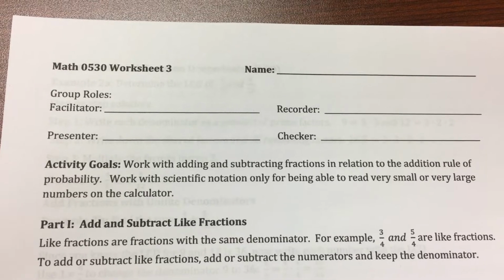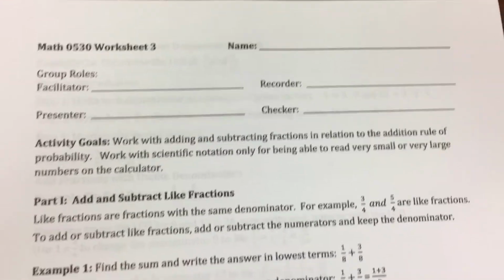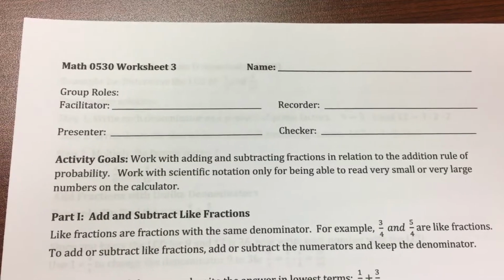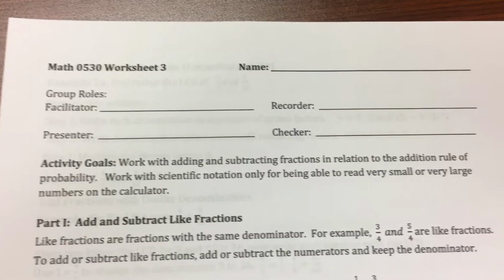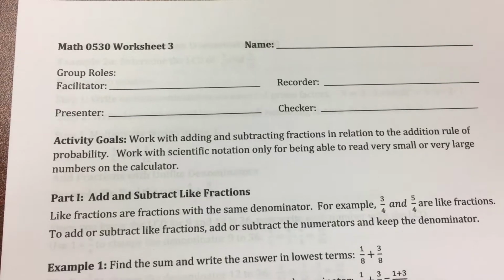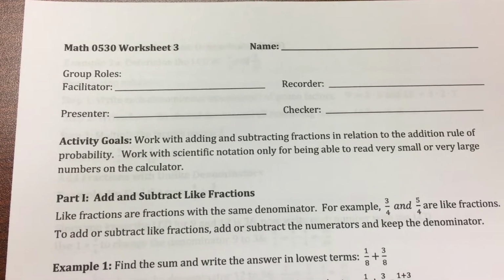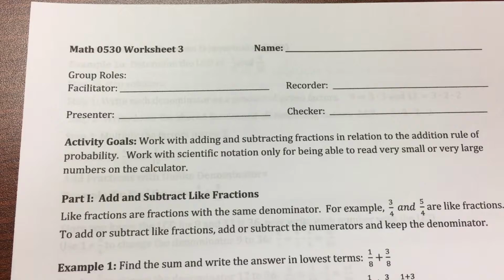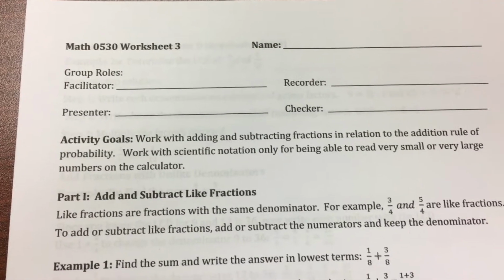What I want to do is go through some things that will help you with the last review that you did, and also quiz 2 that you should have completed this week. It deals with working with fractions and scientific notation.